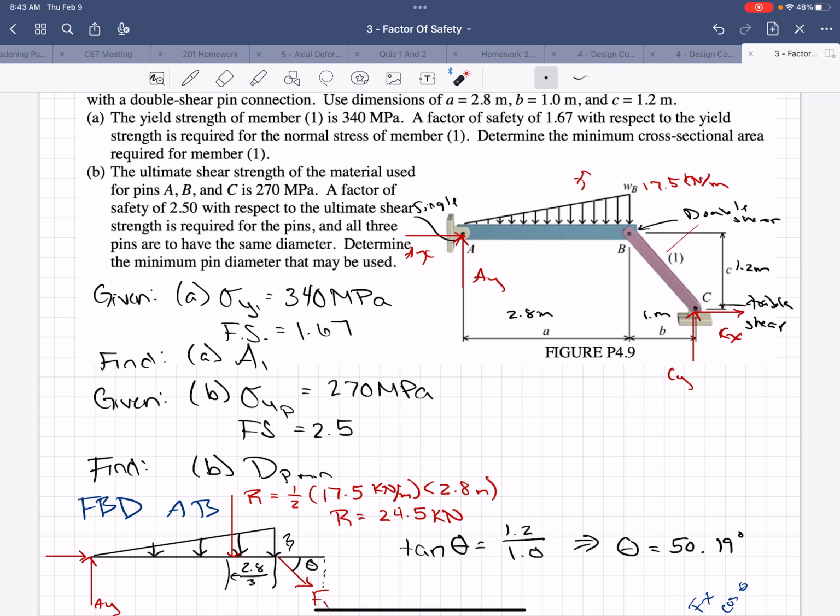They both have the force F1, CX and CY. The resultant force of that would just be F1. B feels F1. So they have double shear, the same force, so they're going to produce the same minimum pin diameter. But at A, we're in single shear, and we have a different force, so it's the resultant force of A. So we have to calculate the minimum diameter at A, and then the minimum diameter for pins B and C, compare them, and take the bigger of the two.